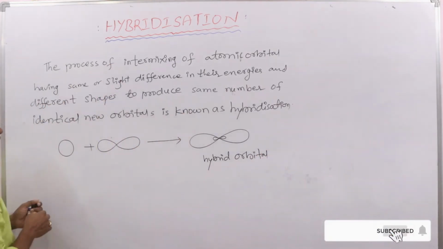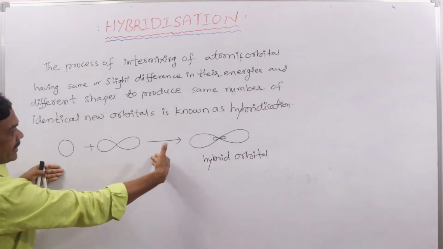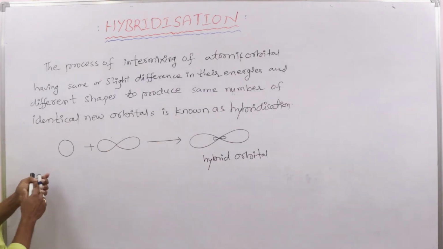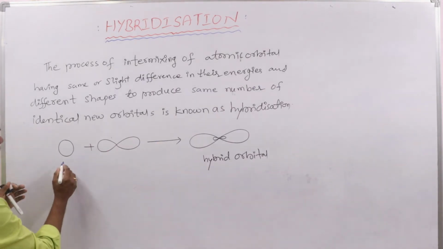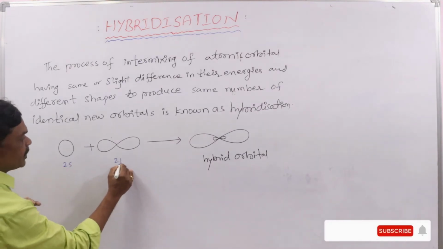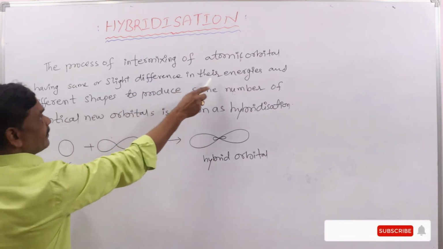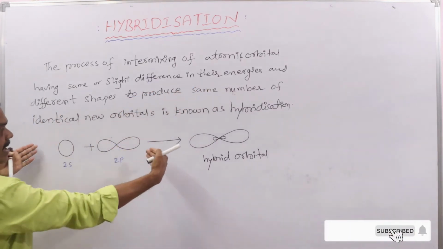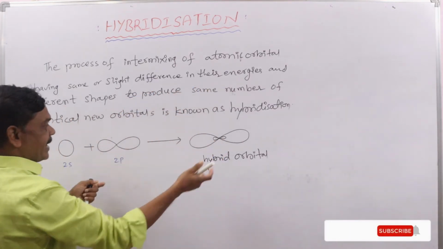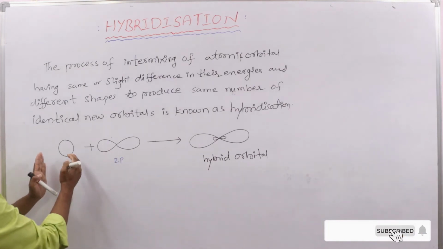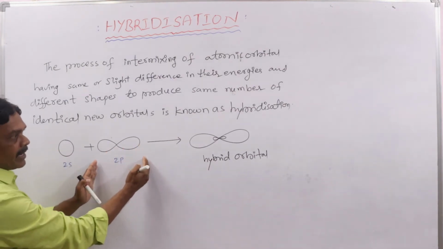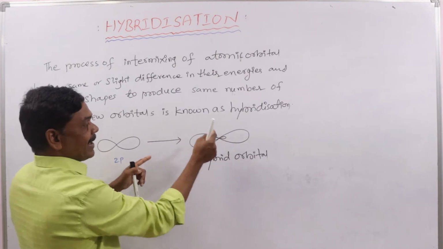So according to the definition, the process of intermixing of atomic orbitals, say for example this is 2s, 2p, having same or slight difference in their energies, they are intermixing to give the same number. How many are involved? One s orbital, one p orbital. So here we are getting the same number.